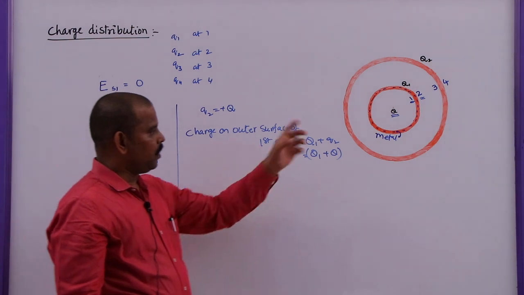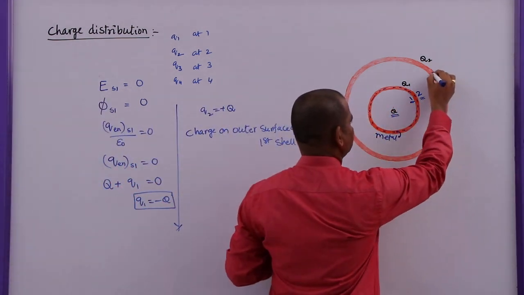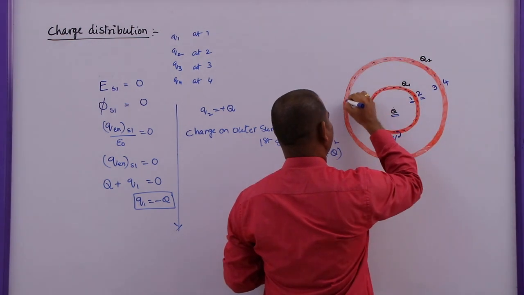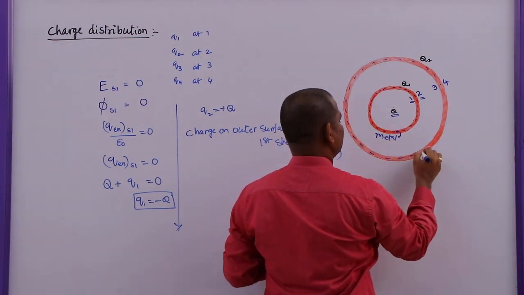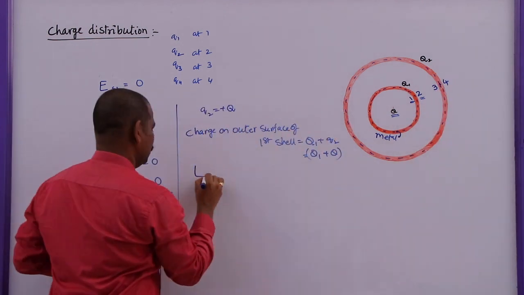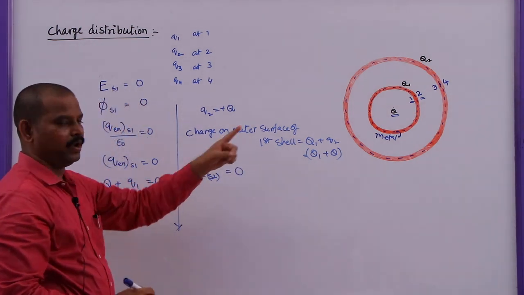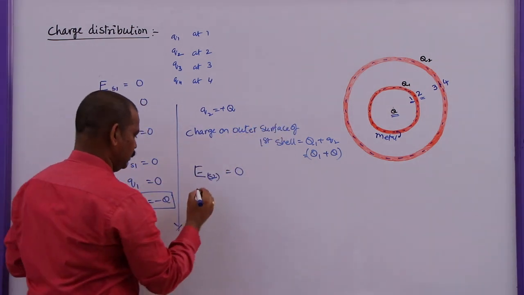Now, if I want to find Q3 and Q4, once again let me take one Gaussian surface through the volume of the second shell here. Here also the electric field at that point will be 0, as that point lies in the metallic surface.